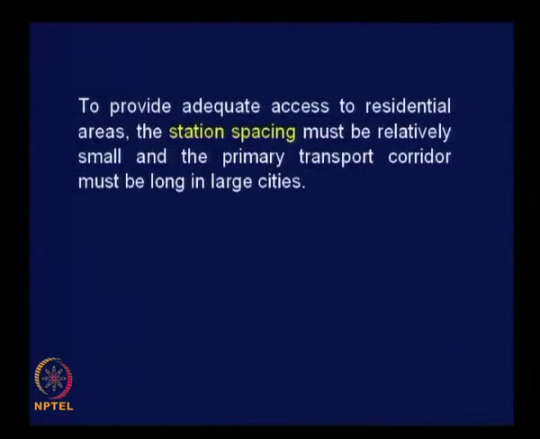This is the related issue. To provide adequate access to residential areas, the station spacing must be relatively small and the primary transport corridor must be long in larger cities. Why does station spacing have to be small? You must have stations, whether it is a rail system or a bus system.